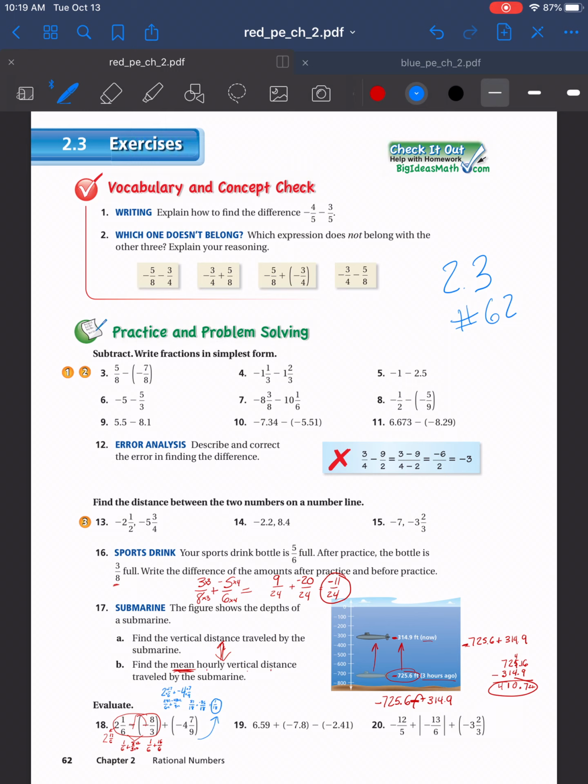Oh, whoops, I should probably say page, not numbers, because you'll get confused. So at the top of your page, write 2.3, page 62 through 63, and then the numbers that we have to do are numbers 16 through 23, all. It's on the Google Classroom as well.